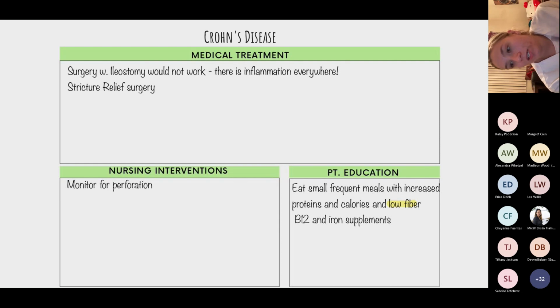Additionally, when a Crohn's patient is in a massive flare-up, we're probably going to want to keep them NPO and do some sort of enteral nutrition to really give the GI tract a rest, the bowels a rest, things like that, in times of acute exacerbations.